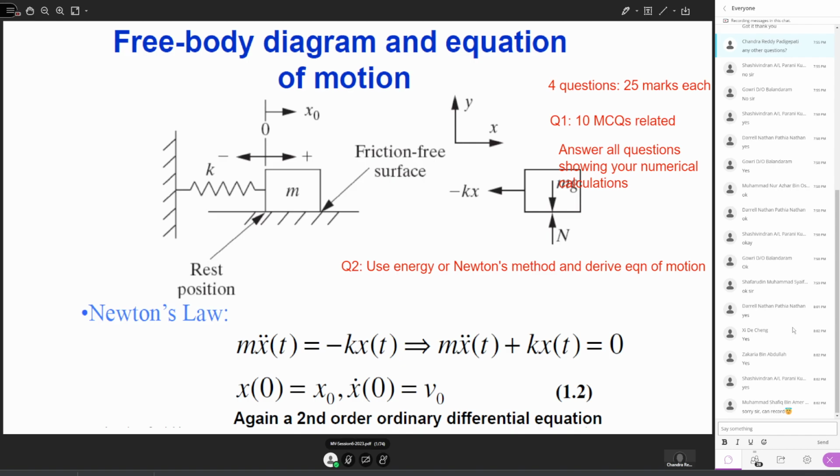All the relevant data will be given, in the form of an equation, then you need to solve the equation for the response of the system. We have done some questions related to that, and you have also done questions related to this in your first assignment.